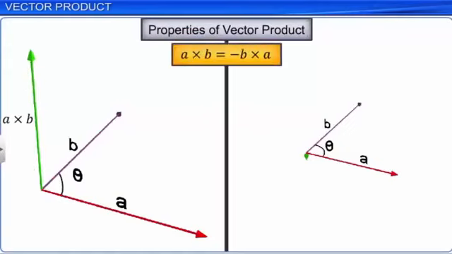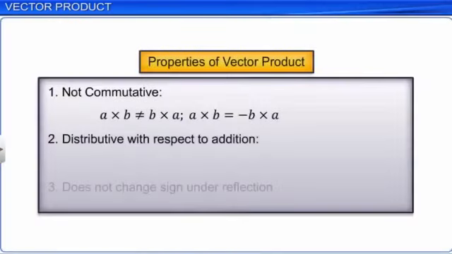Vector product is distributive with respect to vector addition. Consider three vectors A, B, and C as shown.